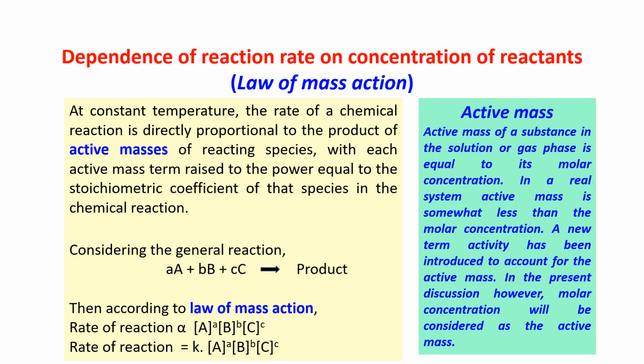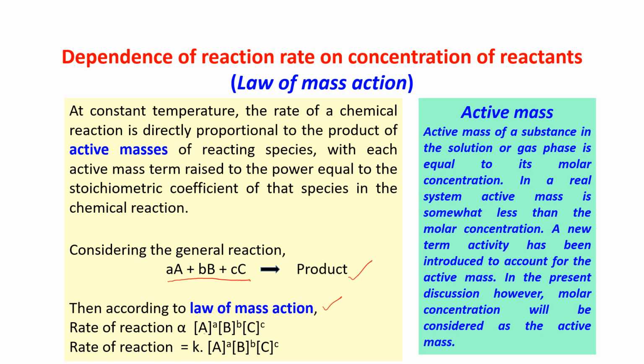Now consider the general reaction: aA plus bB plus cC gives a product. According to the law of mass action, the rate of the reaction is proportional to the concentration term [A] raised to the power a, because this is the stoichiometry, [B] raised to the power b, and [C] raised to the power c.